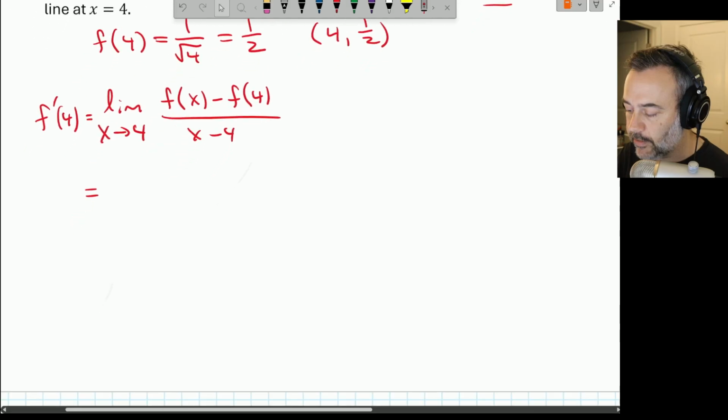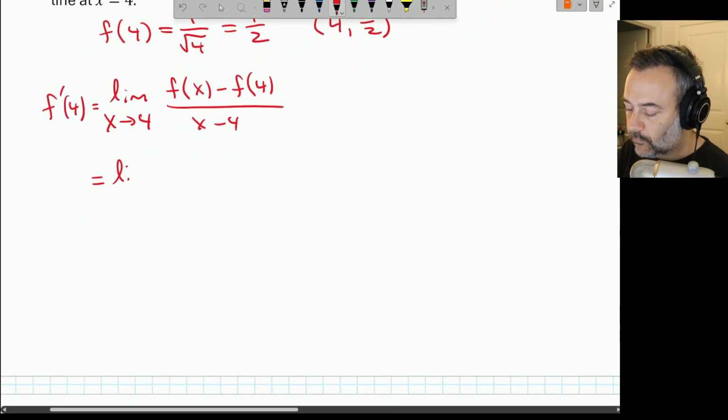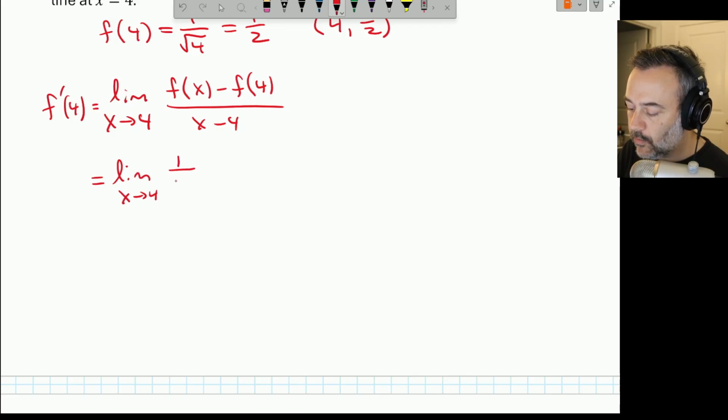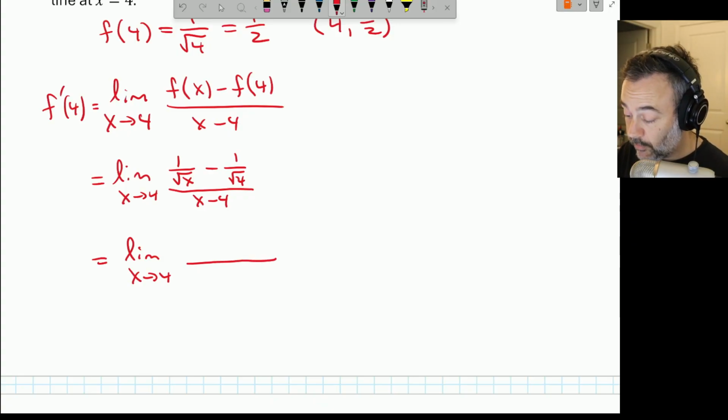Okay, let's start working down. Limit as x goes to 4 of 1 over the square root of x minus 1 over the square root of 4, all over x minus 4. I've got to handle my fractions here. The numerator is going to end up being, well, my common denominator is going to be square root.